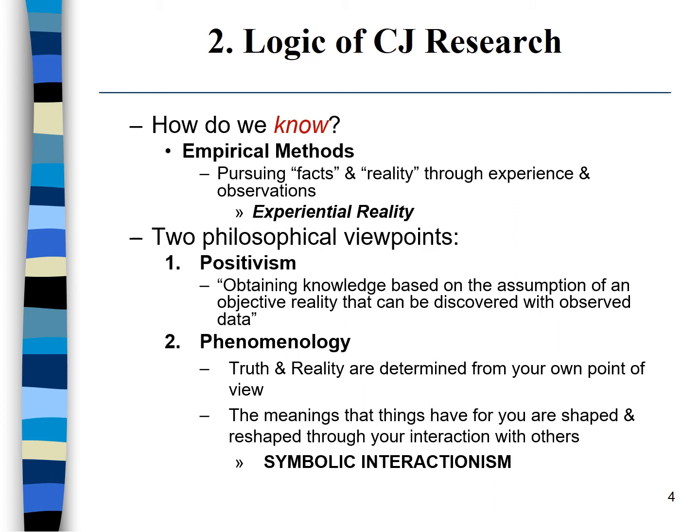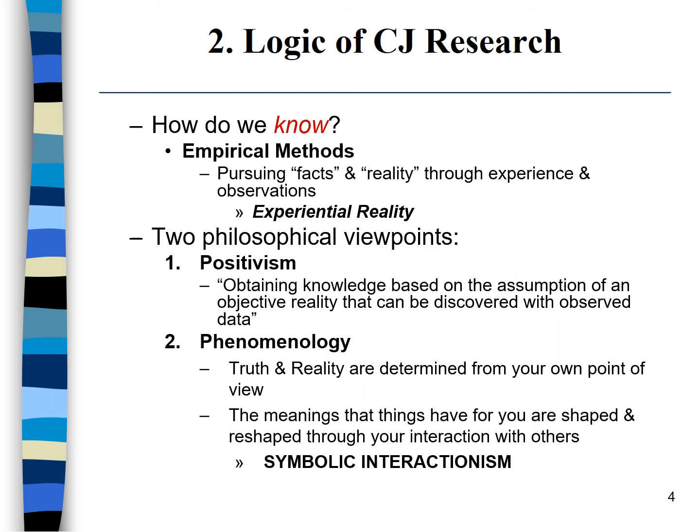Now, when we look at how we conceptualize knowing something, there are sort of two philosophical viewpoints that we're going to see that will sort of provide the background of many of the research methods we're going to cover this semester or this course. The first is sort of the classic one based on empirical methods, and that is positivism.